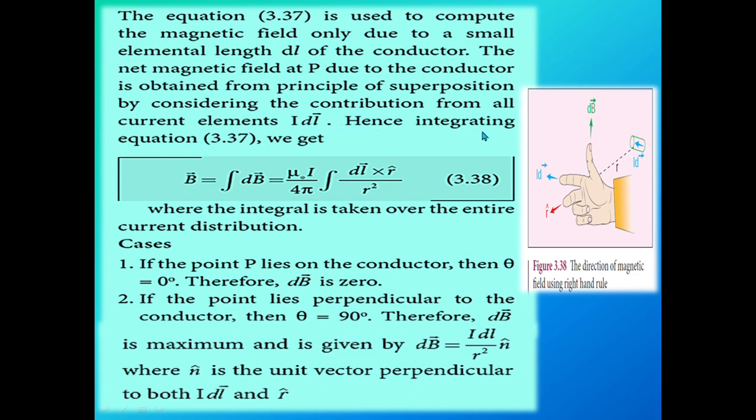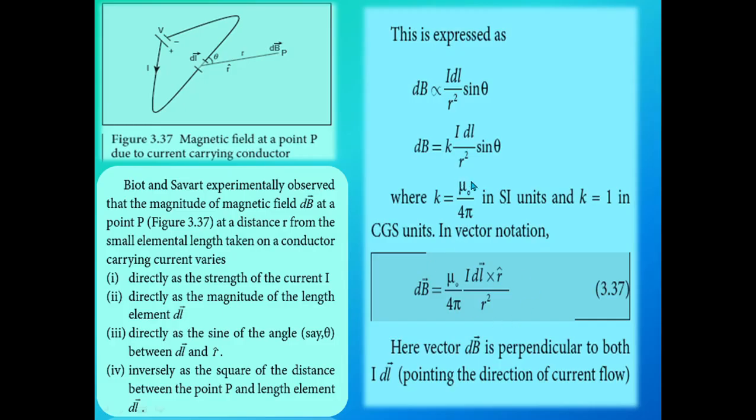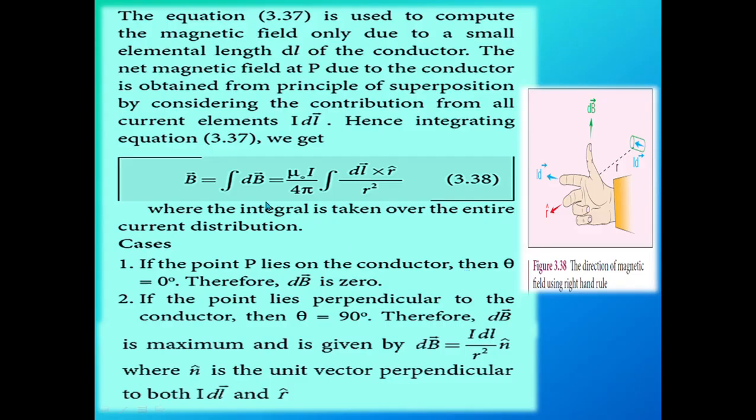Hence, integrating equation 3.37, we obtain B vector is equal to the integration of dB vector, which is equal to mu naught I divided by 4 pi, the constant term.